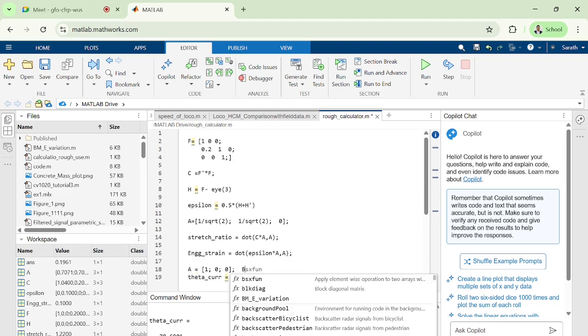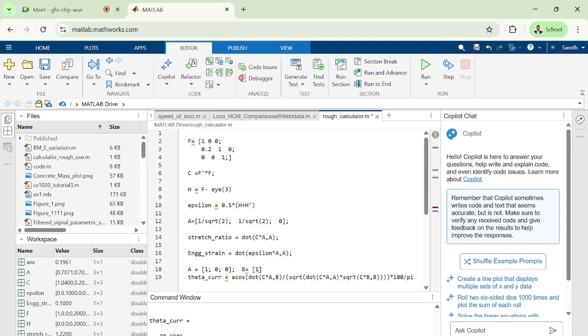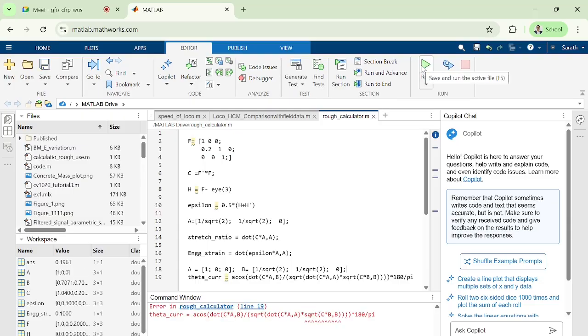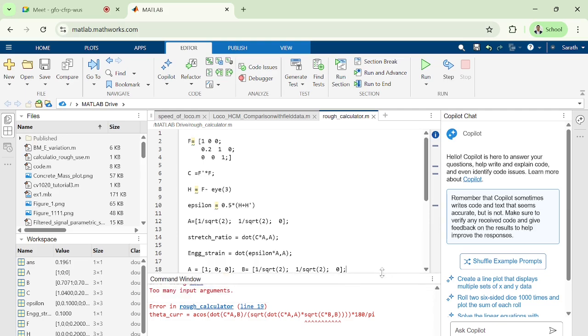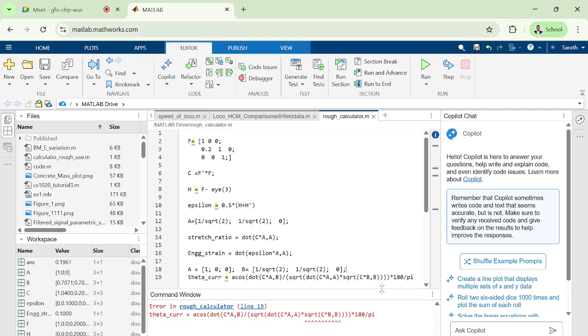B is 1 by root 2, 1 by root 2, and 0. So this is A, this is B. Let's run to find theta in the current configuration. Okay, there is an error: too many input arguments. There is some syntax wrong.